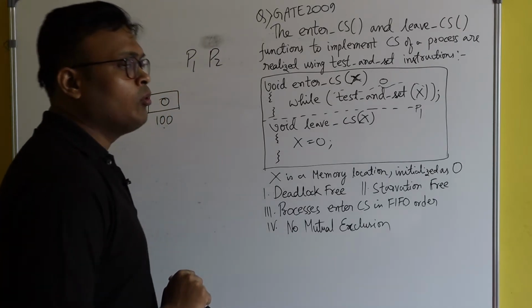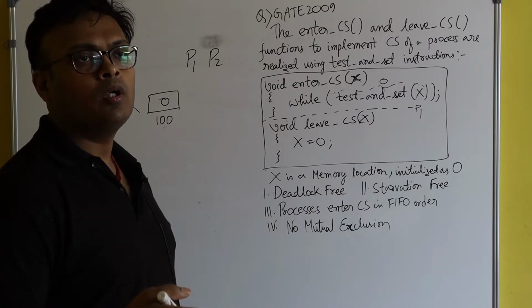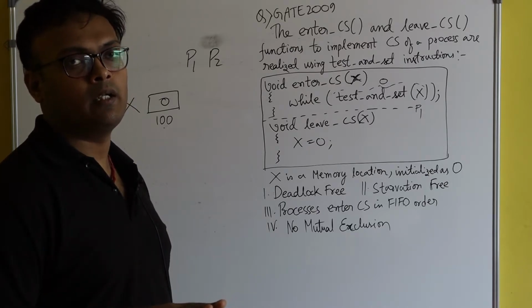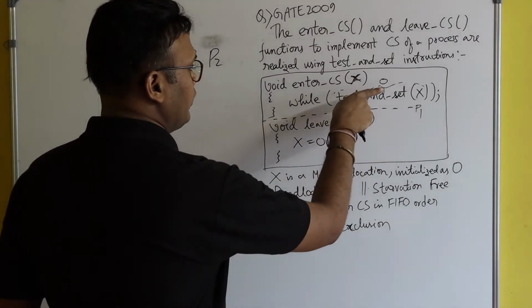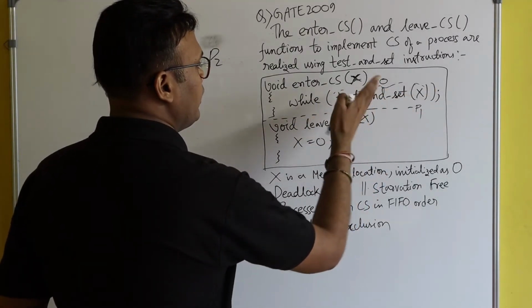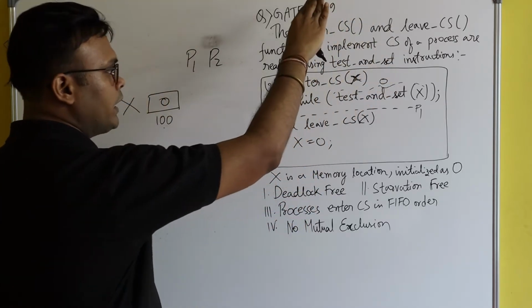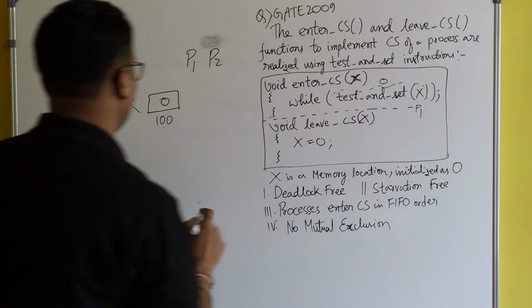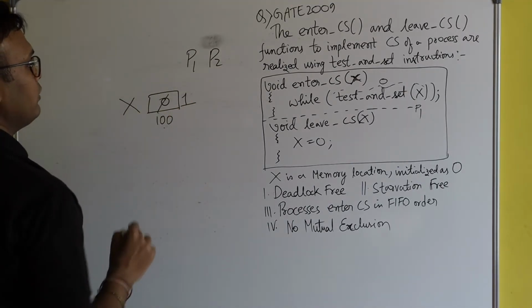I have also told you that after returning the old value, a new value will be set for x. So if 0 is returned here, then in the test and set function, x is again initialized as 1.